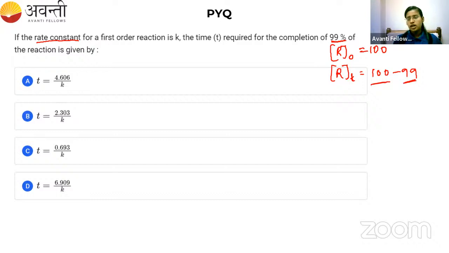The remaining will be 100 minus 99. Now we have to find the time required for this 99% completion.